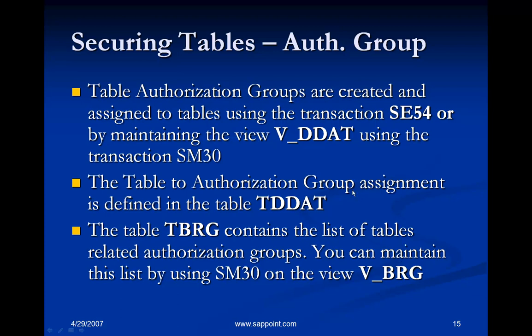So the concept of authorization groups is to give access to tables belonging to a particular group instead of giving access to all the tables in the SAP system. But this concept has a loophole in the sense that if a table is not assigned to any group, the users can view the data from those tables also.